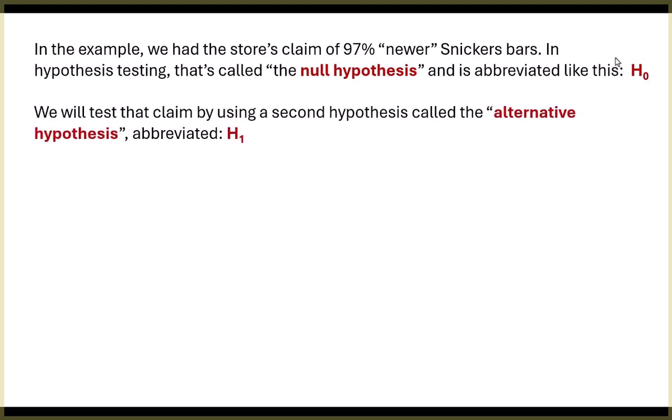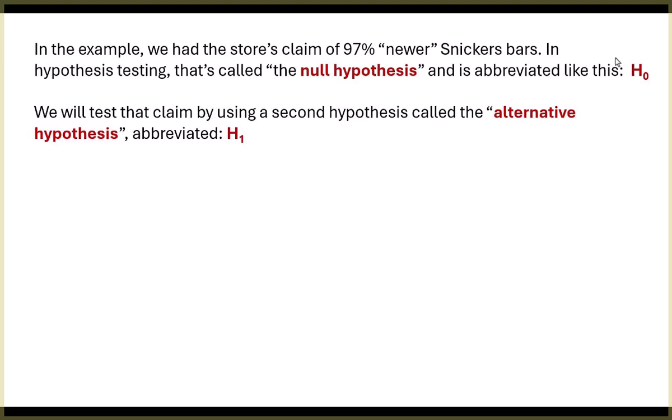Our claim, our counterclaim, if you will, in this case, is called the alternative hypothesis. And it's abbreviated H sub 1. If you take stats later on, if you wanted to take more stats, a lot of books will say H sub A for alternative. It means the same thing.